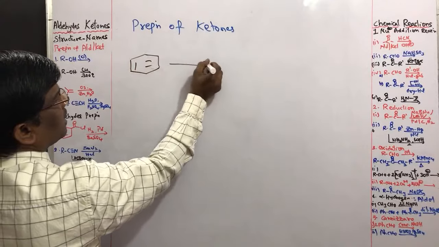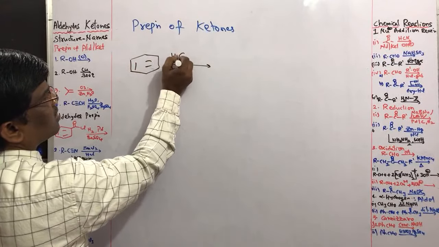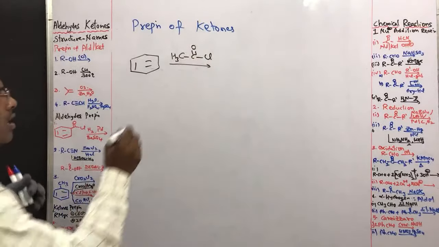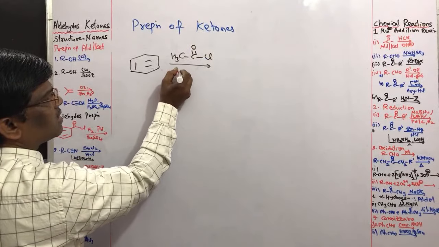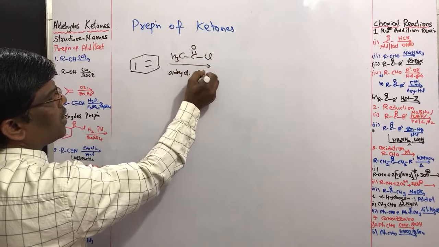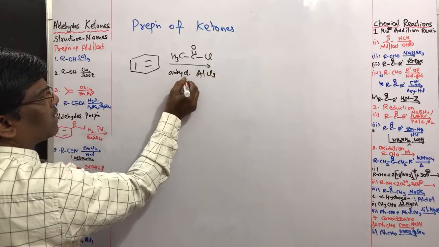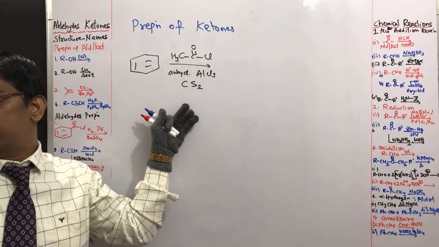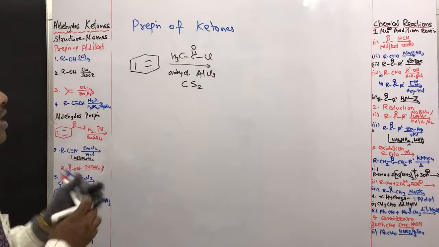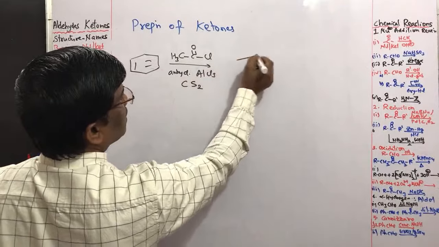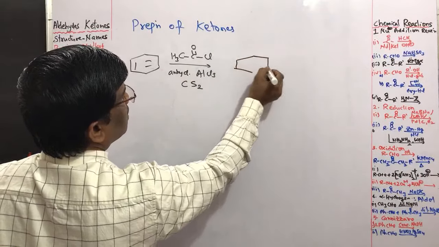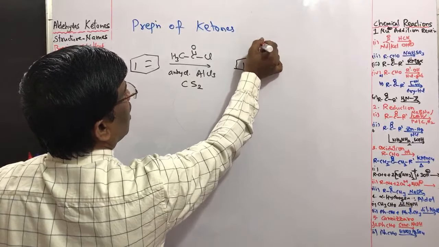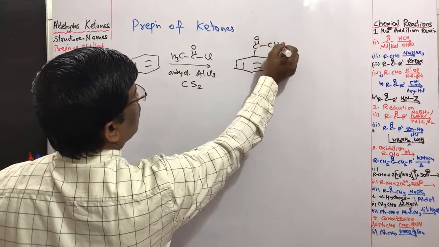When I treat it with CH3CO acetyl chloride in anhydrous aluminum chloride in a solvent, carbon disulfide, whose boiling point is around 50 degrees centigrade, I am going to get acetophenone.